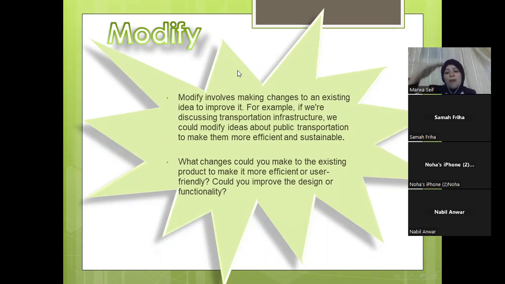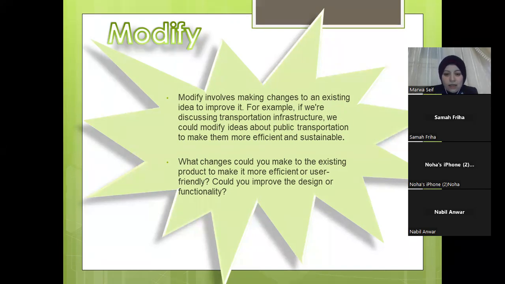Could you minimize the process or maximize it, minimize the product or maximize it to make it better? For example, if I have a pencil, again, the pencil example, it's easy and simple to imagine, you could think of minimizing the size of the pencil or making it larger according to your needs.